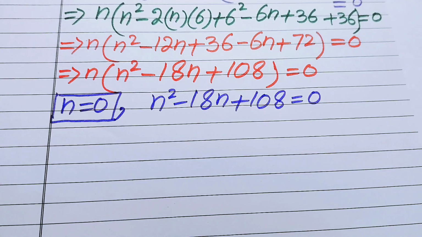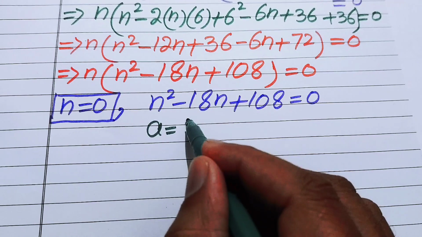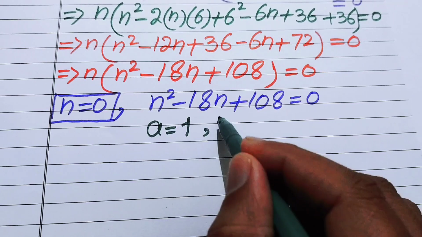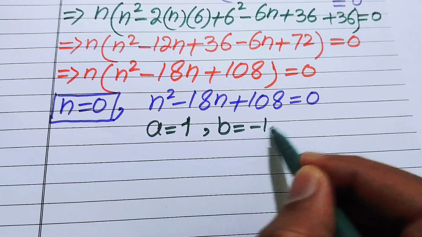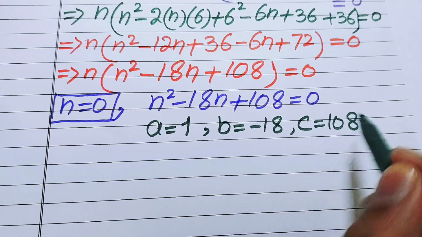We can solve this quadratic equation by using the quadratic formula, so here we can first write the coefficients of this term, and we have the value of a is 1, and the value of b is minus 18, and the value of c is 108.